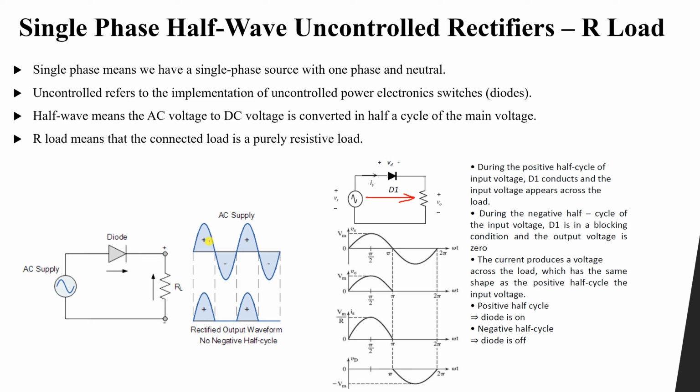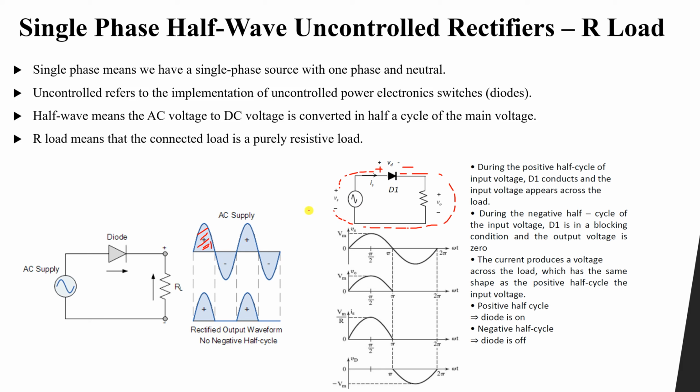Now what happens during the positive cycle? During the positive cycle, we will have positive and negative here, so the voltage here will be positive. The positive is connected to the positive of the diode and the negative is connected to the negative. So what do you think will happen?